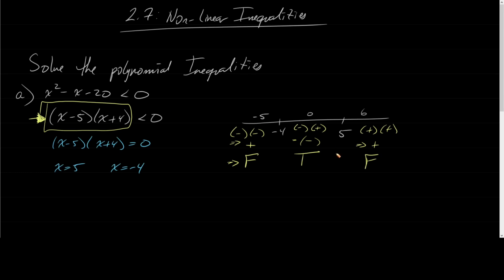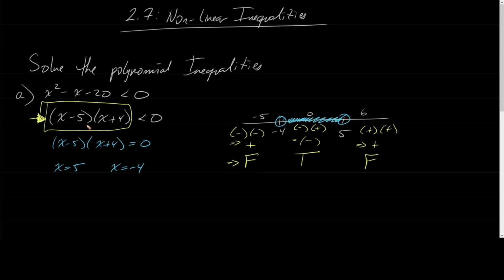Now, to figure out our solution here, we're going to say, well, where is the region where it is true? And do we care about the actual points where it is equal to 0? Well, at negative 4 and at 5, it would actually be equal to 0. But in here, we didn't have the or equal to sign. So we're going to put open circles on them and then just shade the part that is true.